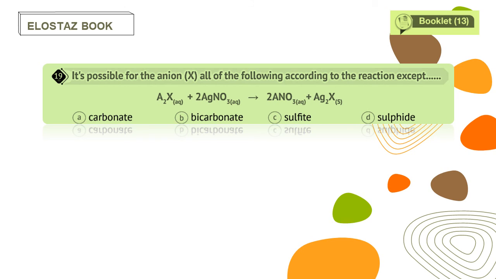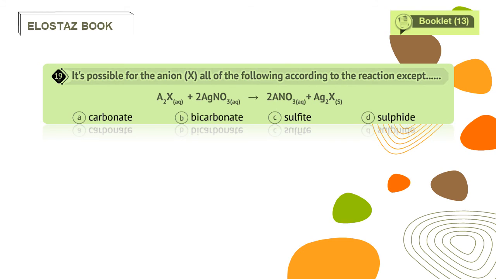We have carbonate, bicarbonate, sulfite, and sulfide. Okay, if we're discussing this one, the salt that appears in the form of precipitate or solid will be a weak anion. So we have X must be weak, from our choices: carbonate, bicarbonate, sulfite, and sulfide.